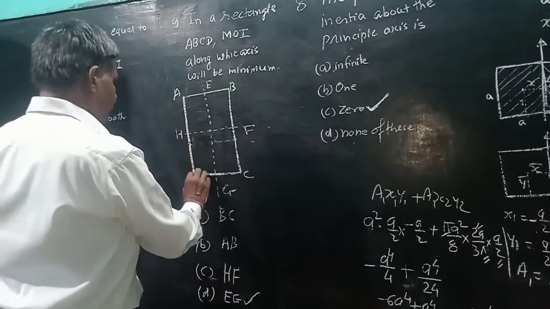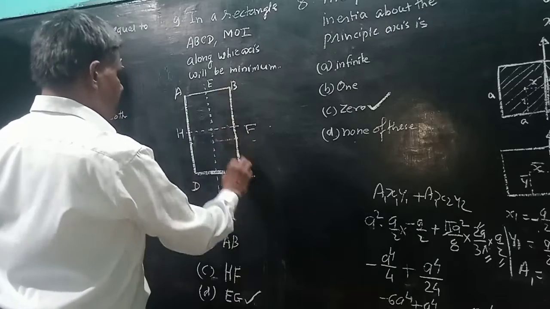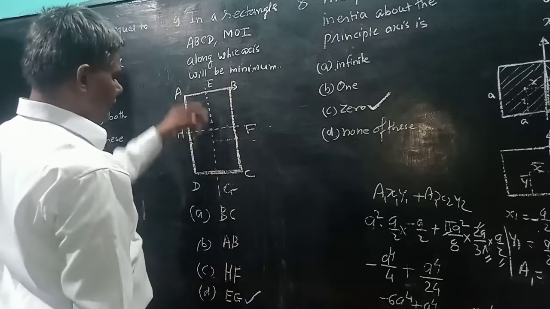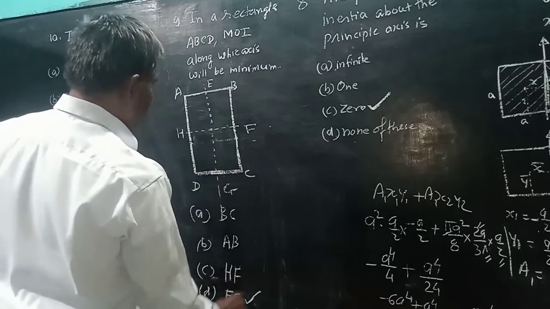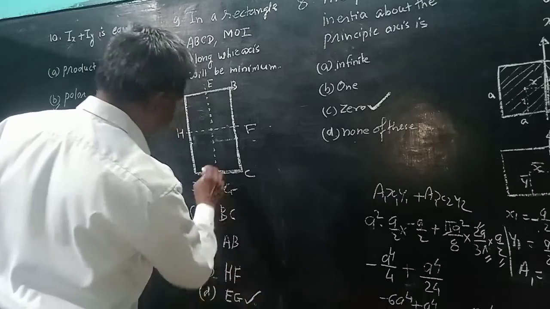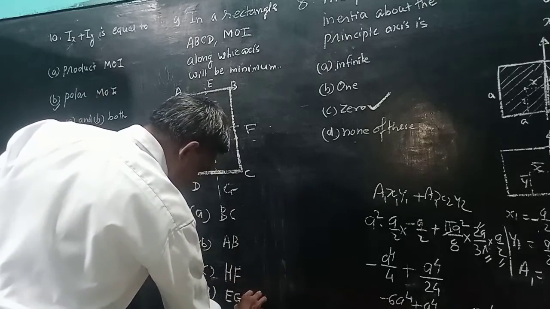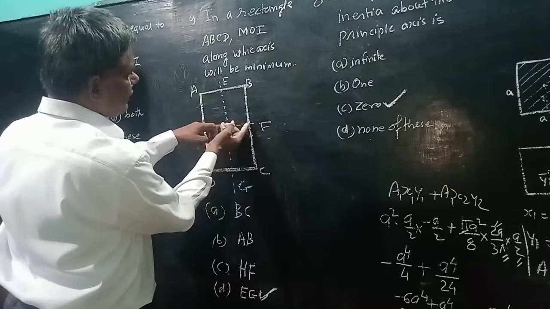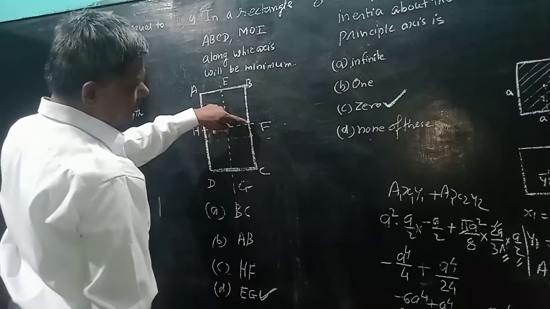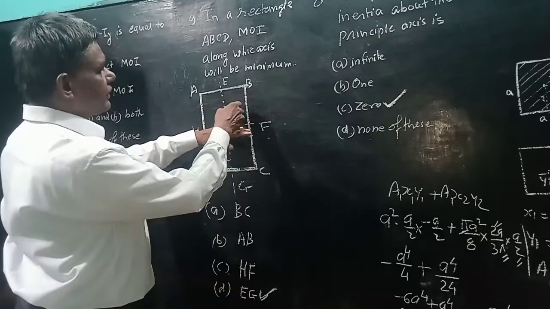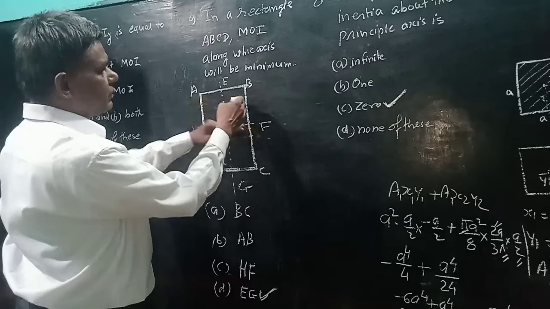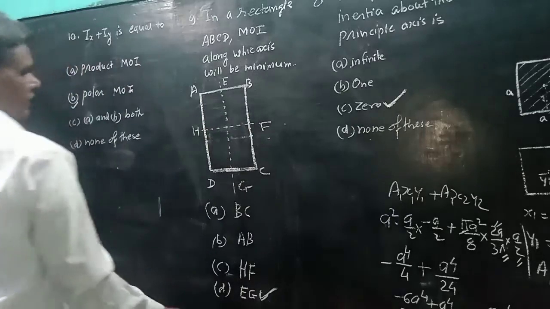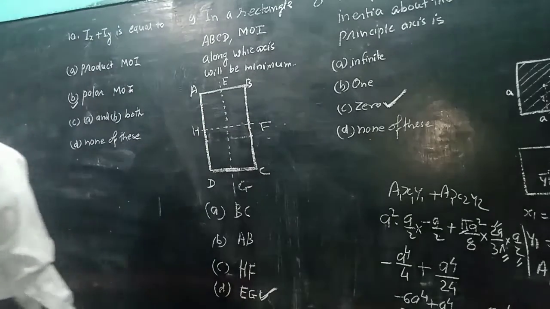This is the given plate ABCD, and there are different axes A, B, E, F given, but according to the EG side, the moment of inertia is minimum because the perpendicular distance corresponding to this side is minimum. But according to this axis, this is larger compared to the breadth. So therefore this side is the minimum.